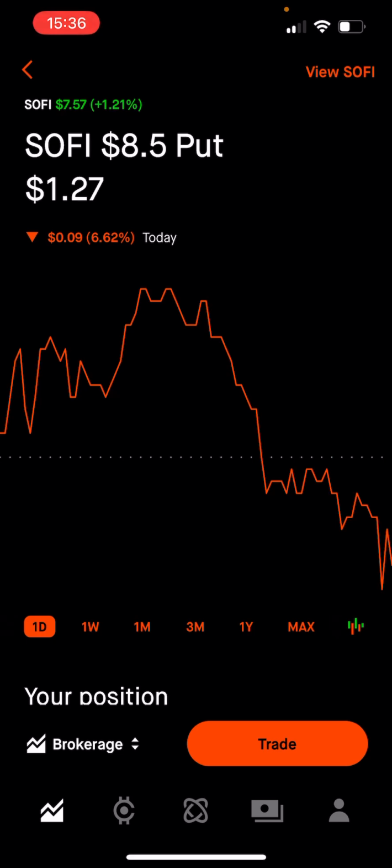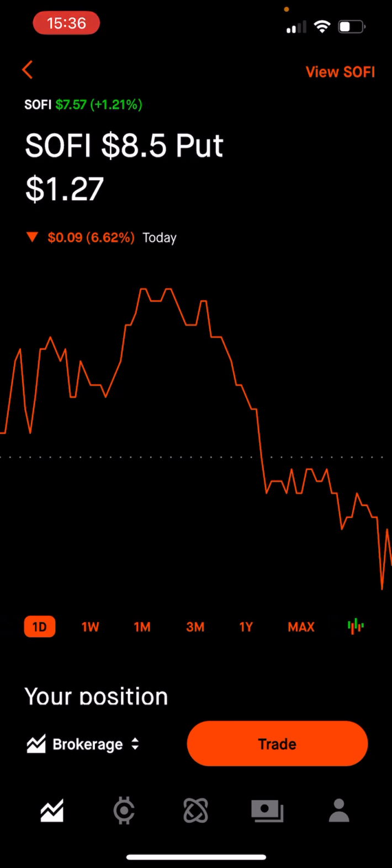So to calculate the intrinsic value, you're going to do the contract price, which is $8.50, minus the current stock price, which is $7.57. So of intrinsic value, this stock has 93 cents of intrinsic value.